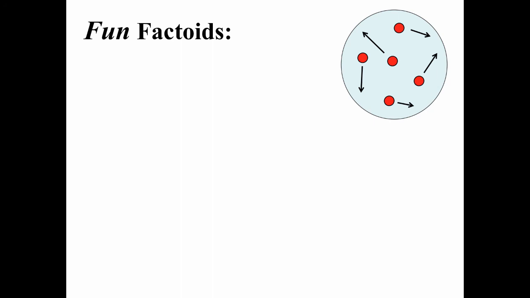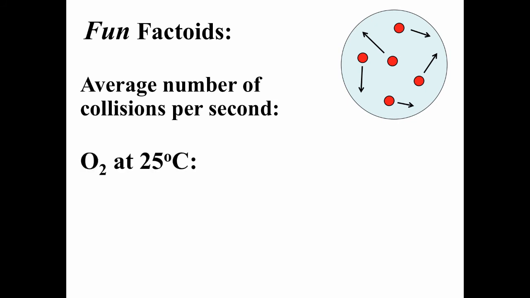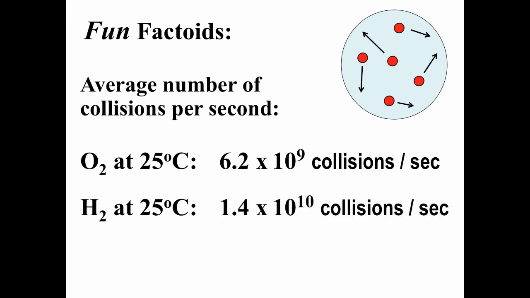Okay, now here's a couple potentially fun factoids. I don't know if you have any idea of the number of collisions gas molecules make with each other, but clearly it's going to be a very large number. But could you predict that it would be as high as, let's say, 6-something billion collisions per second for oxygen at 25 degrees Celsius, and for hydrogen, a lighter gas, way more than that even, 14 billion collisions per second?